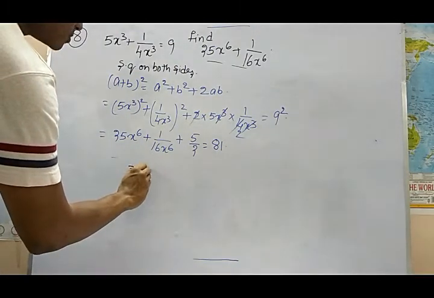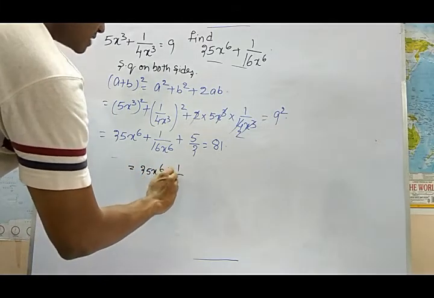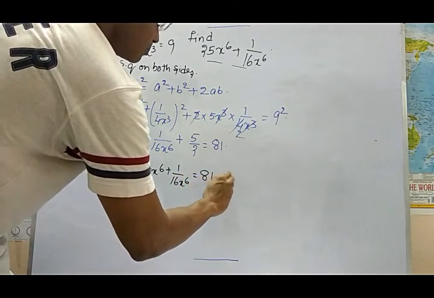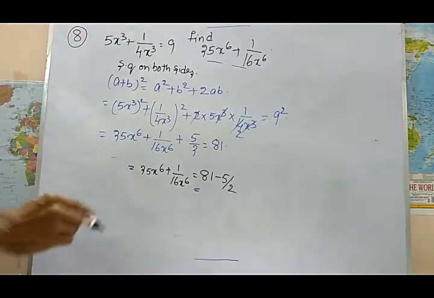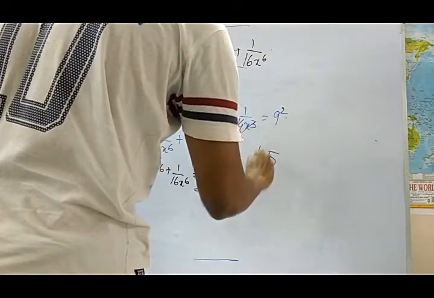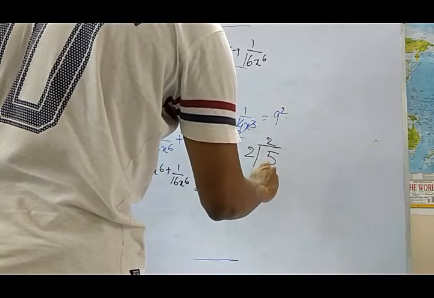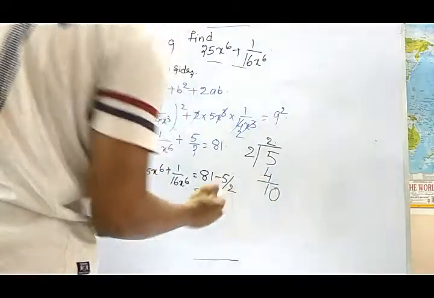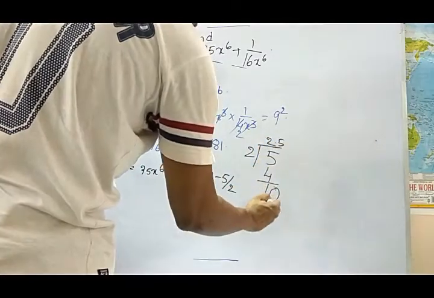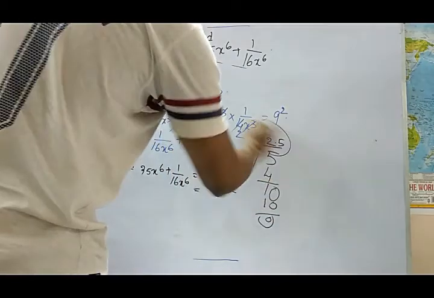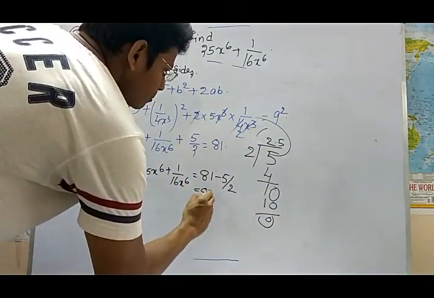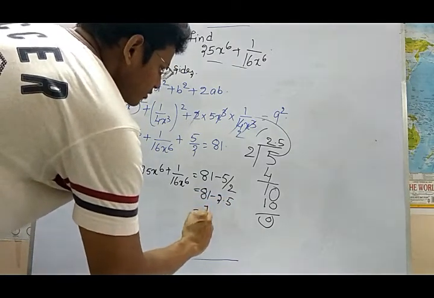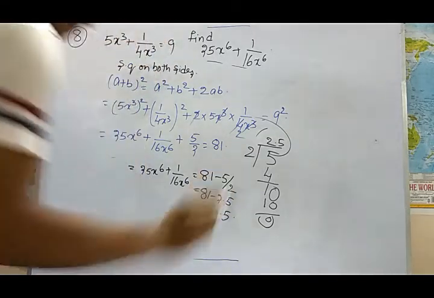So 25x power 6 plus 1 by 16x power 6 equal to 81 minus 5 by 2. What is 5 by 2? See here how to calculate 5 by 2. 2 2's 4, 1. Put a point here, and we can add 0 here. 2 5's 10. So it goes 2.5 times. So 81 minus 2.5. What is 81 minus 2.5? 78.5.